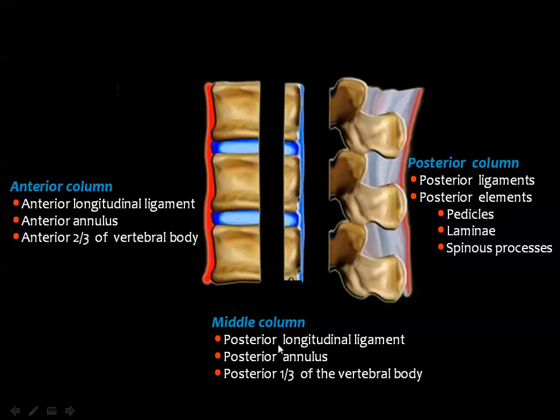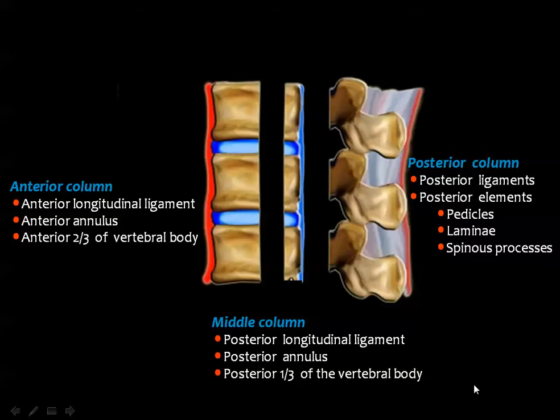Then the middle column, which represents the posterior longitudinal ligament, the posterior part of the annulus fibrosus, as well as the posterior third of the vertebral body. And the posterior column represents the posterior ligaments, the interspinous ligaments, as well as the posterior elements, including the pedicles, the laminae, as well as the spinous processes.